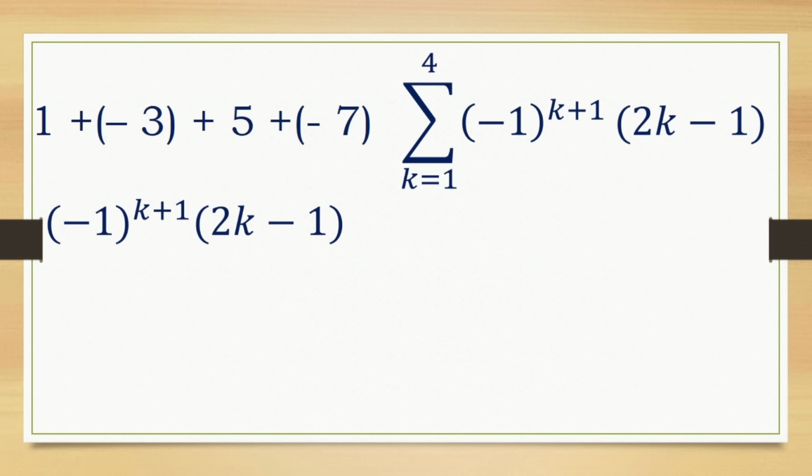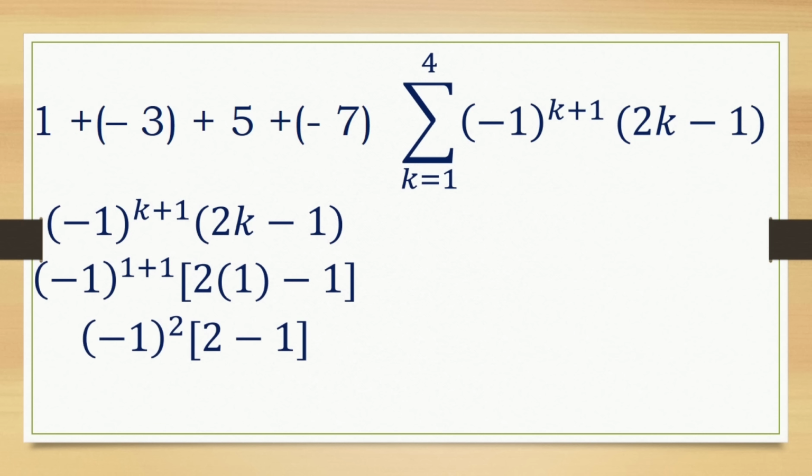So, ito na siya. Negative 1 raised to k plus 1 times 2k minus 1. So, i-substitute natin si 1. Kasi sabi dito, k is equal to 1, mag-start daw tayo sa 1. So, substitute natin si 1 sa mga k. So, magiging 1 plus 1 ang ating exponent. And then, yung 2k natin magiging 2 times 1.